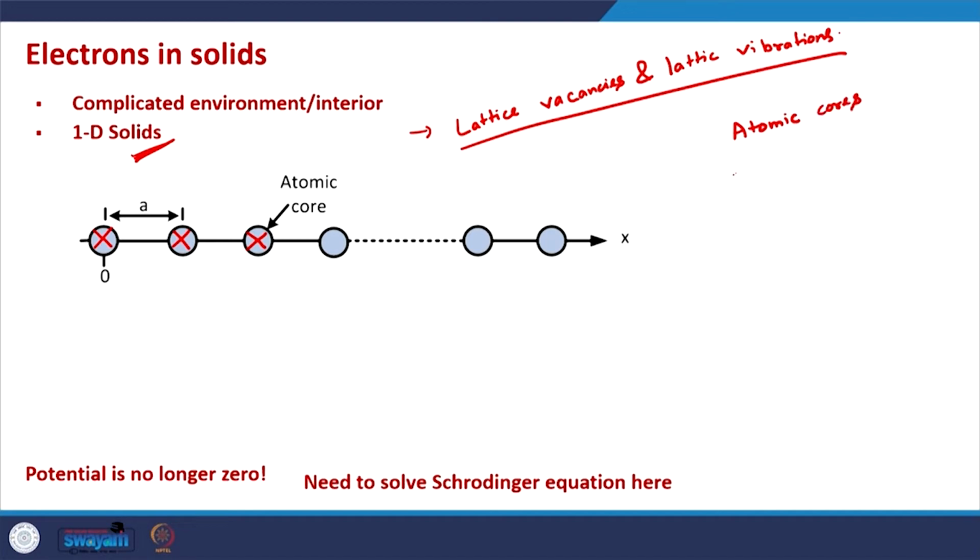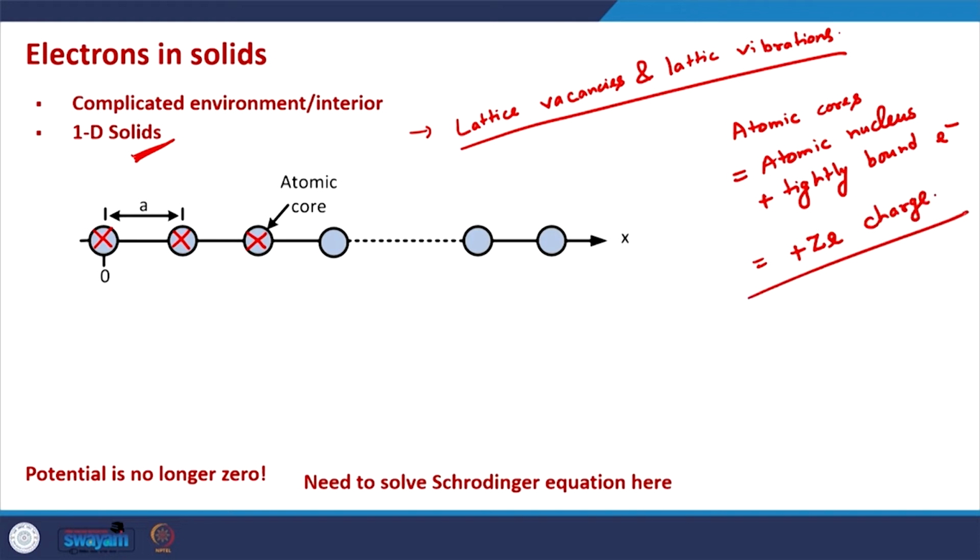So, atomic cores are atomic nucleus plus tightly bound electrons, and generally they have a positive Z times e charge.